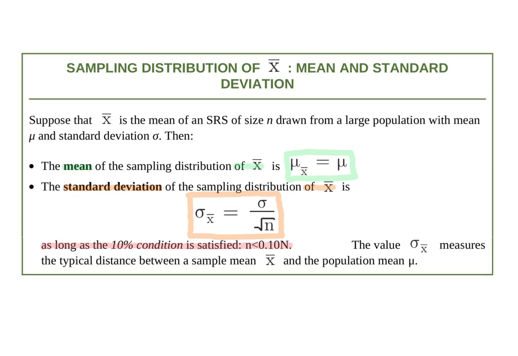So that's nice. And the standard deviation, sigma sub x bar, is going to be sigma, the standard deviation of the population, divided by the square root of n. So in the last example, you'd either use n equals 5 or n equals 20. The 10% condition must be met, so that means that your sample is less than 10% of your population.